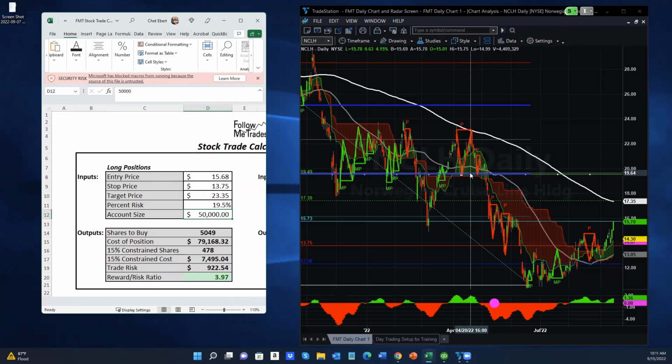What you don't want to do is move the target to make the reward to risk ratio work. Figure out what you really think the target is, and then do the math. I'm just trying to show hypotheticals. Absolutely. Sorry, depending upon your approach. But as Dean says, you can't be like, oh, I like this so much, I don't like it here, let's move it up here.